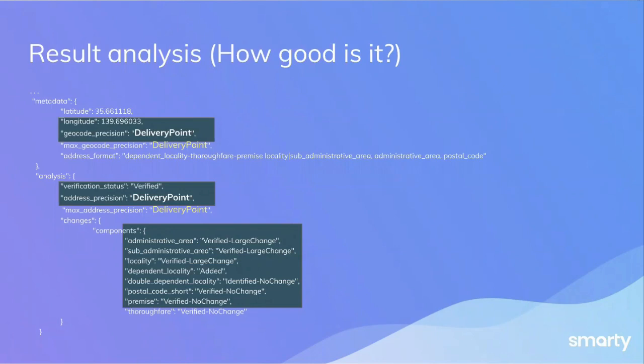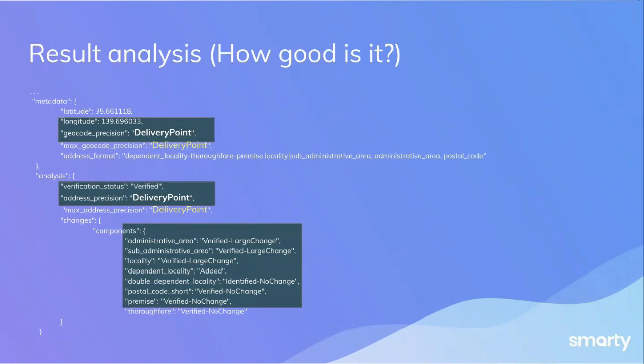In this particular case, verified large change means that you specified an administrative area, which could be like a county or something along those lines, but you may have misspelled it, probably just a misspelling. It's a verified large change, meaning that we did actually verify the address, but we had to change your input in order to match the address.